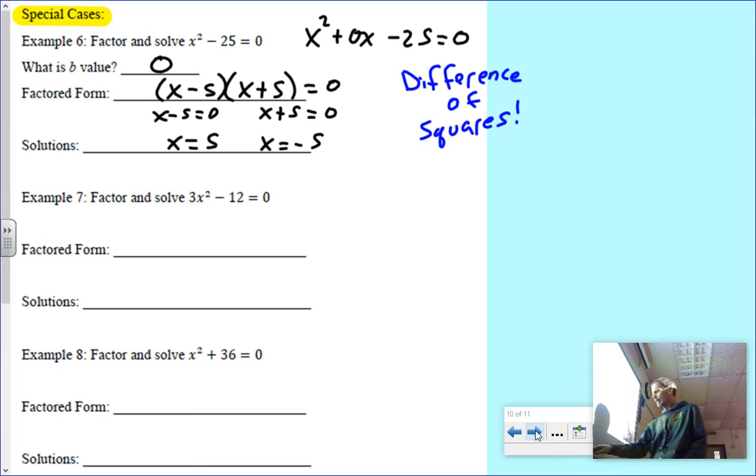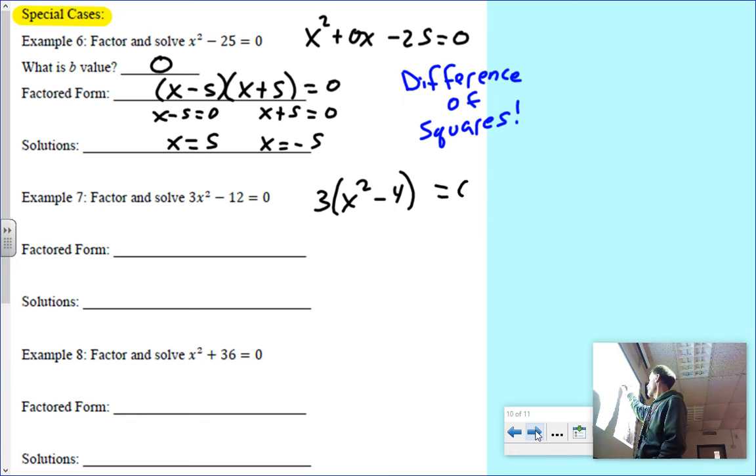Even something like number 7. Number 7 doesn't have a b value either, but remember, look for a GCF. I can divide both of these terms by 3, so if I take a 3 out, now my inside is a difference of squares, x squared minus 4. I can get to negative 4 by doing 2 times negative 2, which adds to 0.